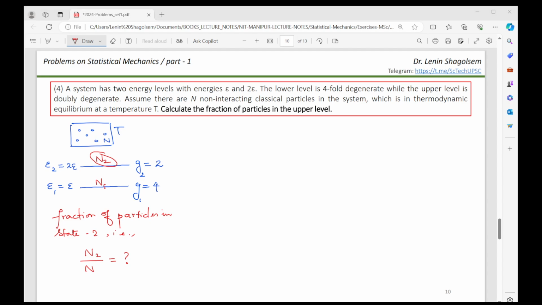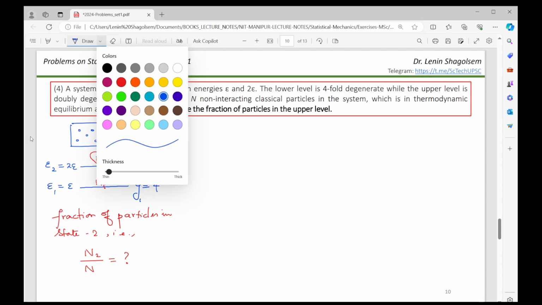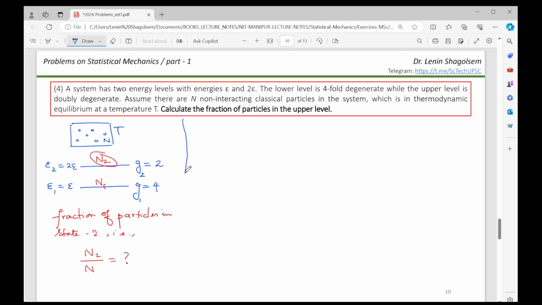Here, for the fraction of particles, we can use the following expression.